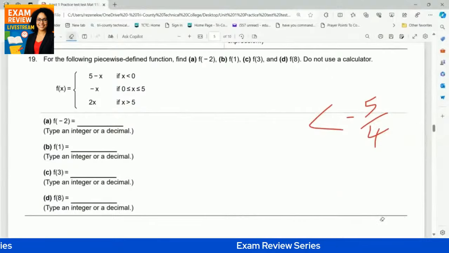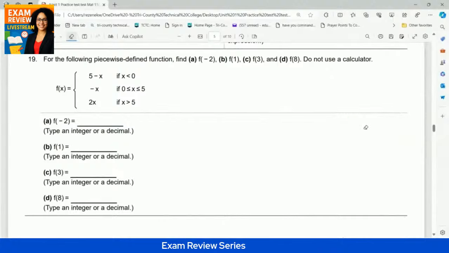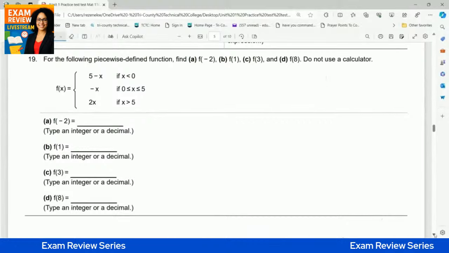It's already in the test. And you are told to evaluate some numbers. I know you can do this with calculator, but this is long. It's too long to be doing in a calculator before you finish typing it in. So you want to check the conditions.